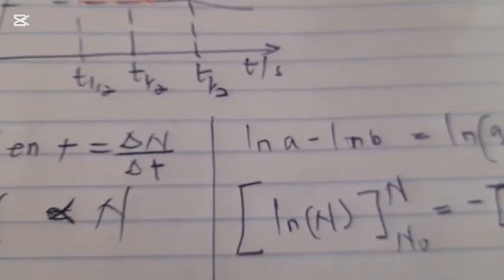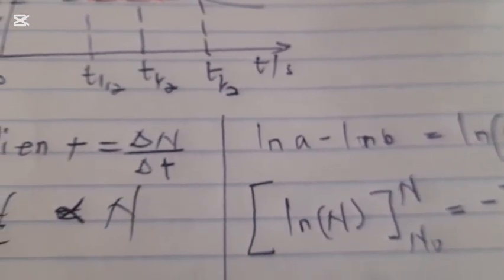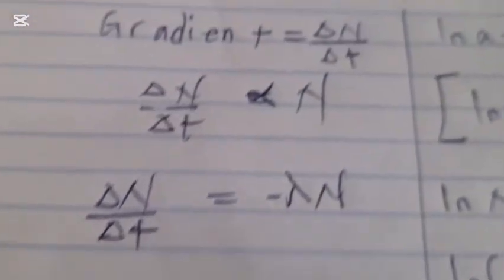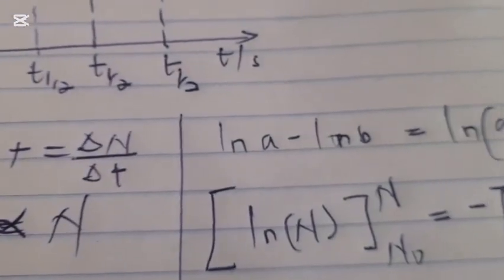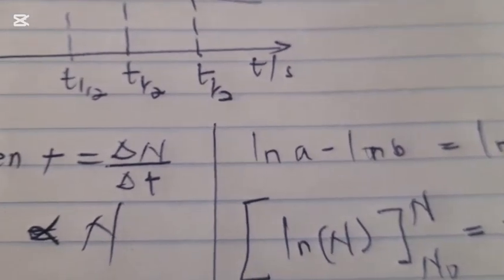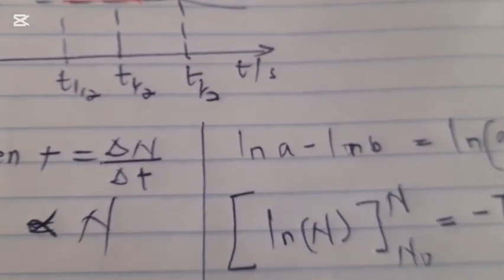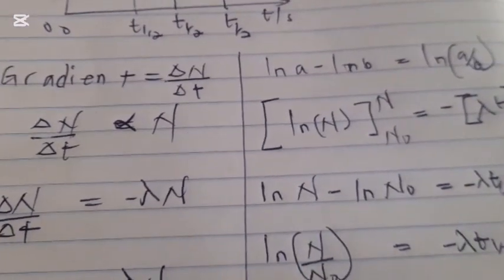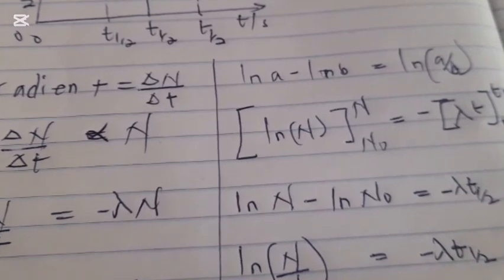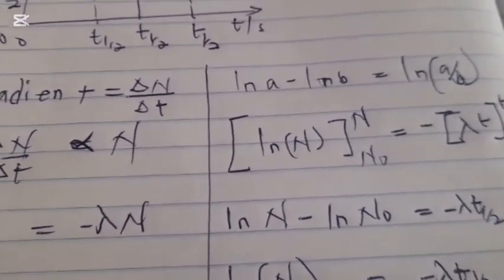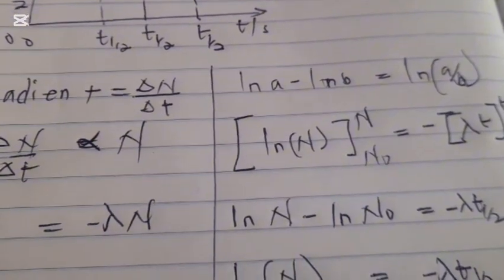The integral of 1 over N is ln N. So we are integrating from N naught, the original, to the N we have left now. So ln N minus ln N naught is equal to negative lambda t half.